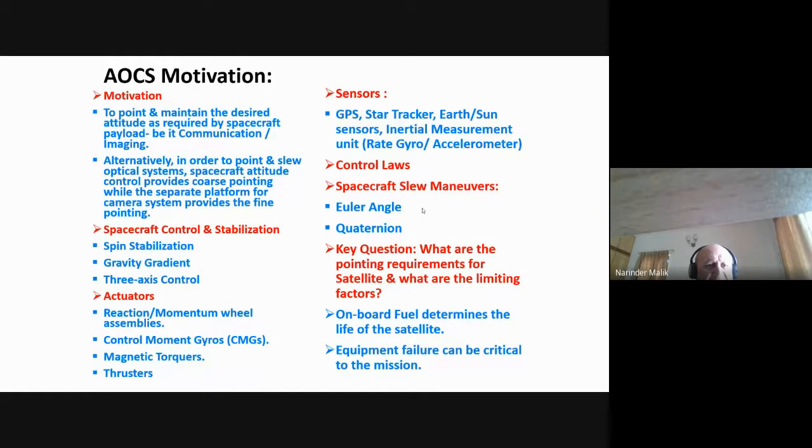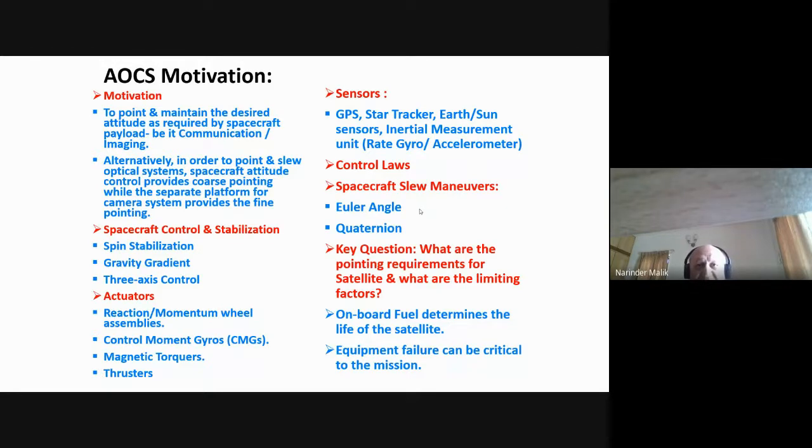When the satellite era started, in the beginning, the satellites used to be either spin stabilized, and there were a few satellites in the gravity gradient. But these days, the most common method of stabilizing a spacecraft is three-axis control. And the actuators used in three-axis control are reaction wheel, momentum wheel assemblies, control moment gyros, magnetic torquers, and thrusters.